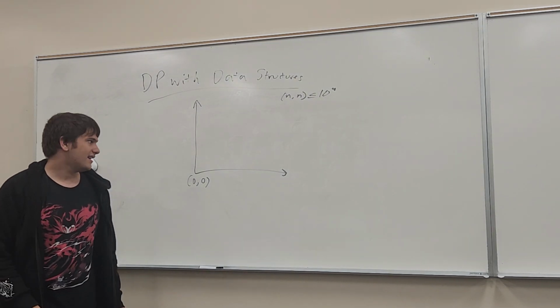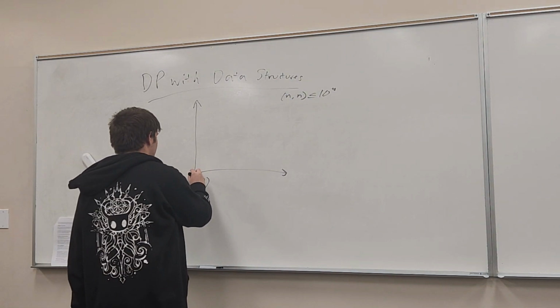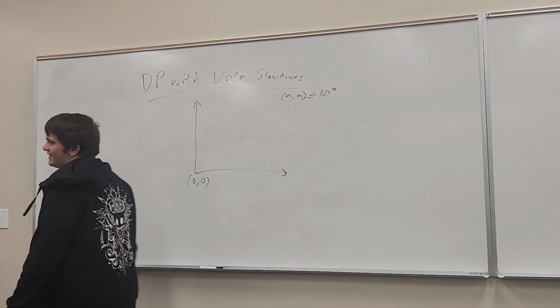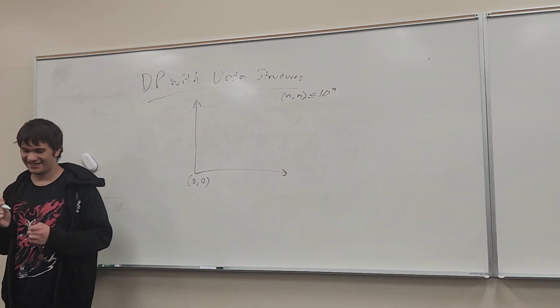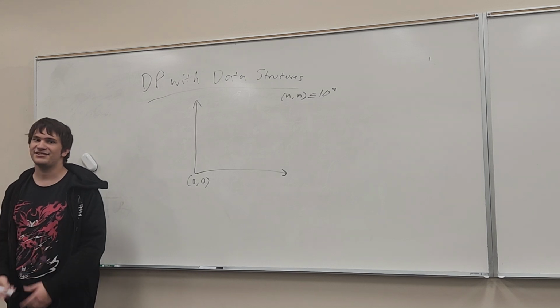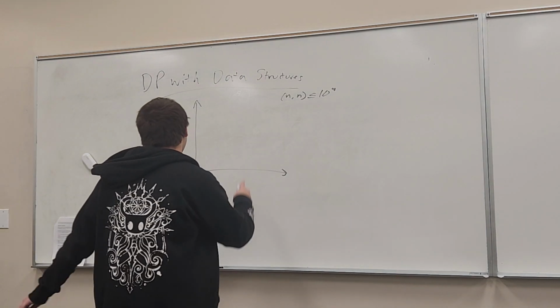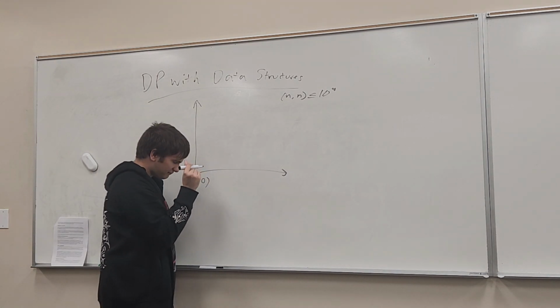And you want to get from the bottom left corner to the top right corner. And you are only allowed to move up and right, unfortunately, because we have to make this constraint that makes the DP possible, right?